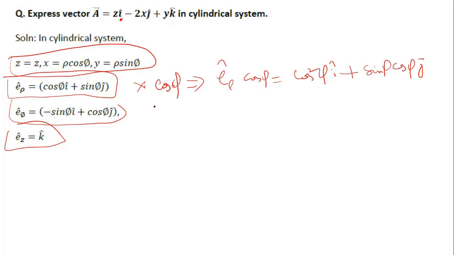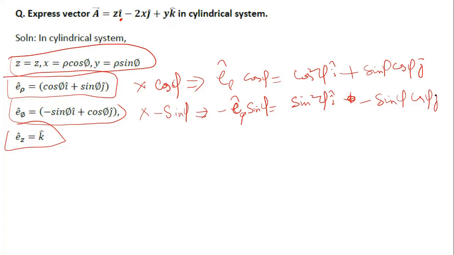Now if you multiply e phi with minus of sine phi, then you will get minus e phi sine phi, which will be plus sine square phi i cap, minus sine phi cos phi j cap.